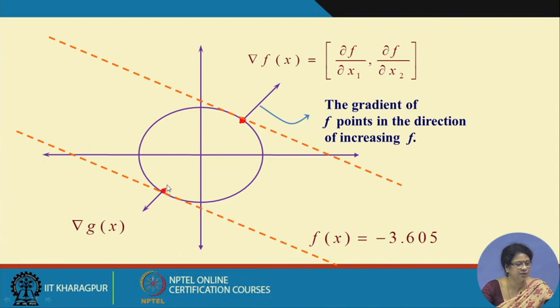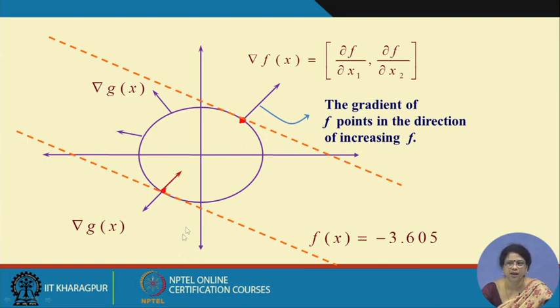The gradient direction of the objective function is this way, but at this point the constraint gradient is this way. What fact did you get from here? At the minimum point you must be seeing that the gradient of the constraint and the gradient of the objective function are just opposite to each other.